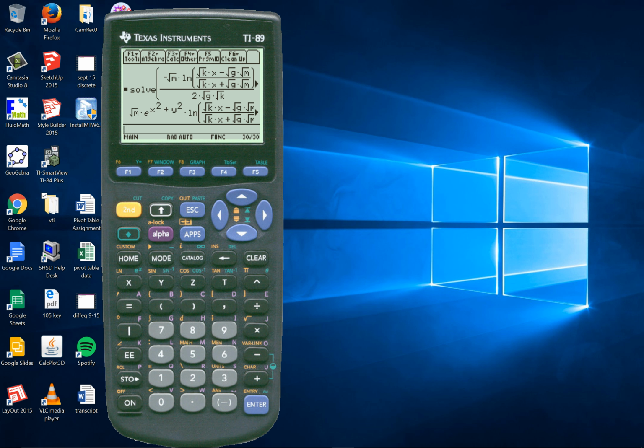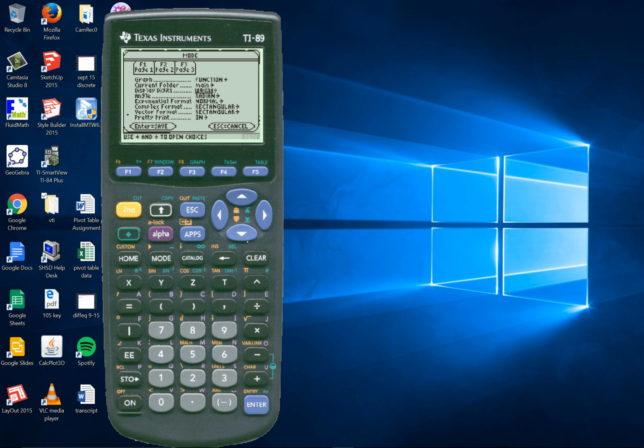Just for grins, I'm going to say inverse sine of 3/5, enter. And you see that comes out to be 0.64. I'm going to do this in degrees so maybe it's a little easier for us to wrap our heads around.